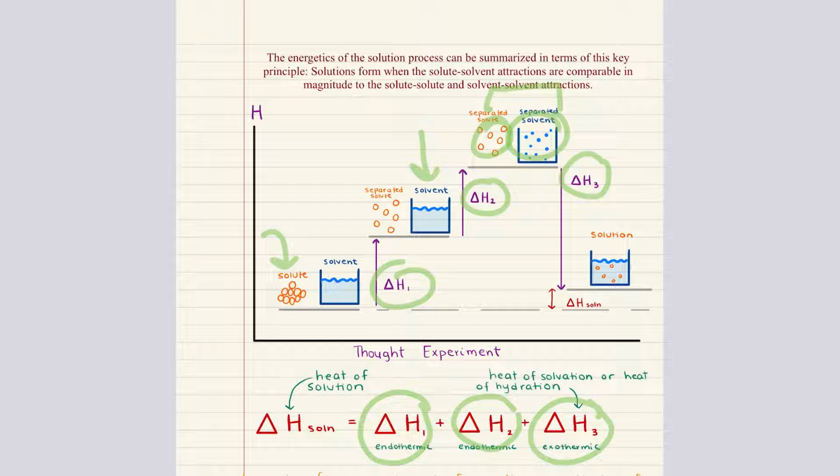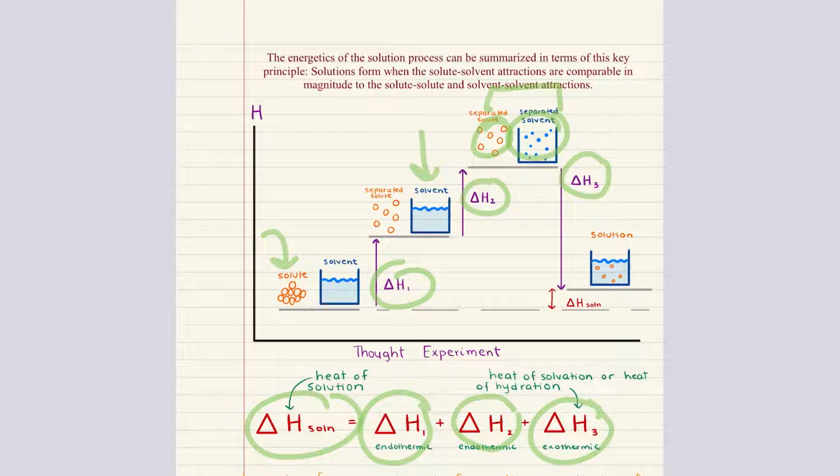Now, these three steps can be summarized by the overall energy change during the solution process, known as the heat of solution. And the heat of solution is just the total energy change when a solute is dissolved in a solvent.